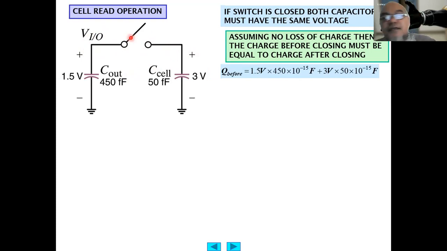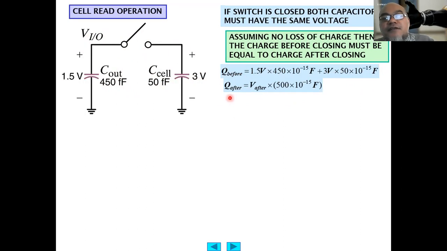The Q before is, from the capacitance law, Q equals capacitance times voltage: 1.5 times 450 femtofarad plus 3 volts times 50 femtofarad, times 10 to the minus 15. So this is the before charge.